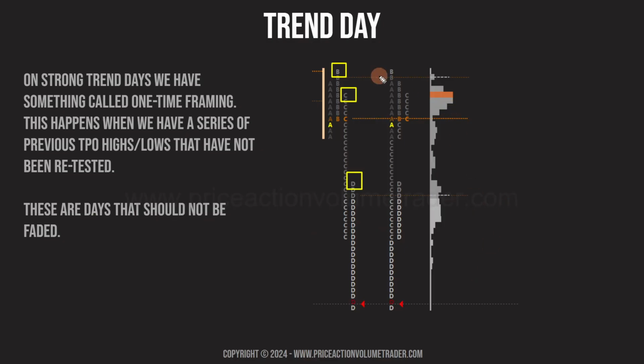So with this one-time framing, for example, this day we opened on the A period, we pushed up here on the B period, and then we started a very strong move downwards.